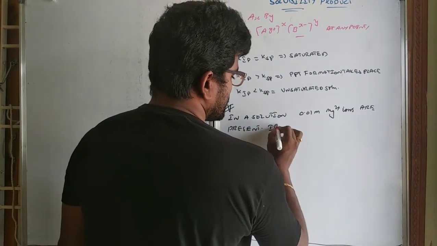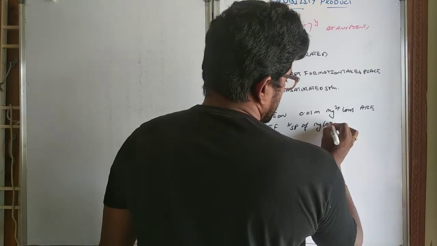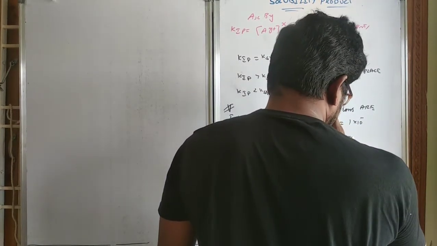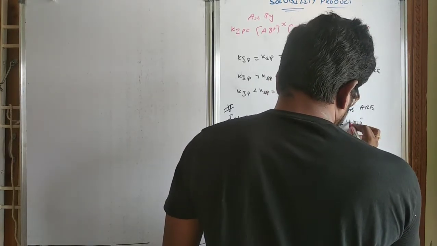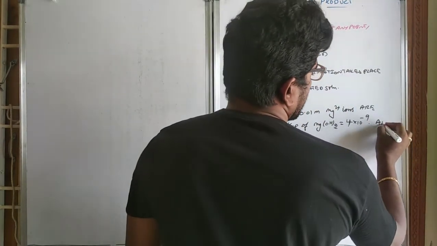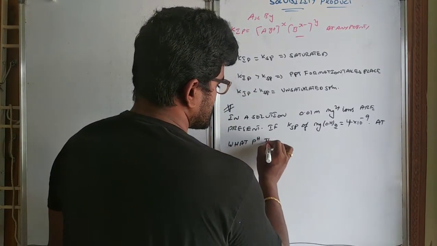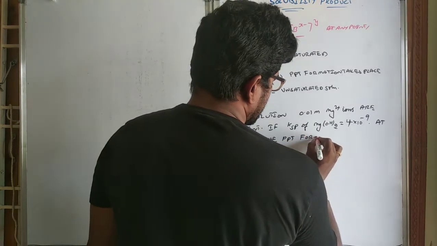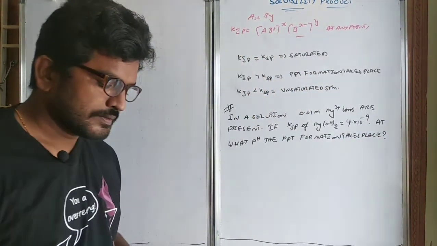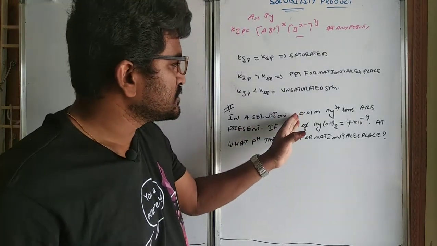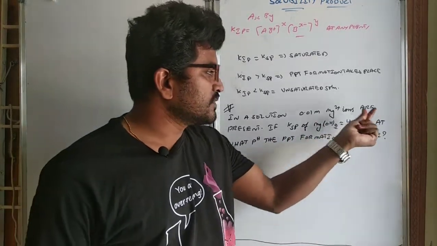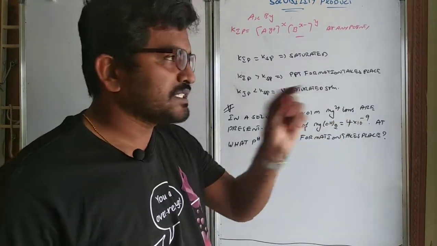If Ksp of Mg(OH)2 is 4 into 10 power minus 9, at what pH does the precipitate formation take place?